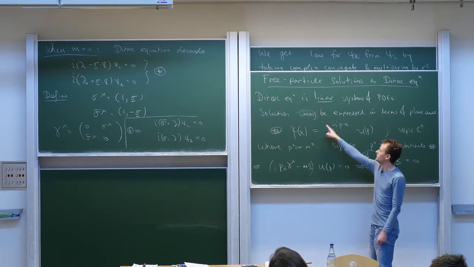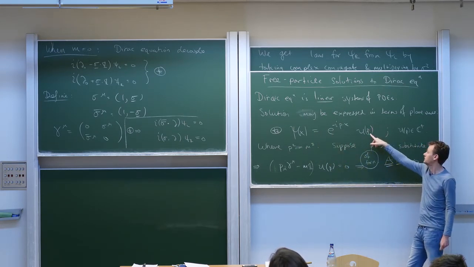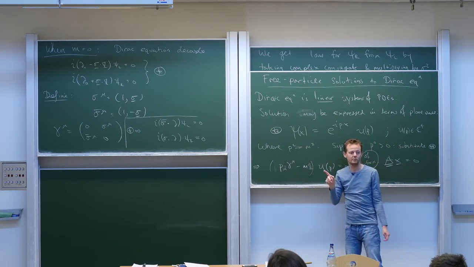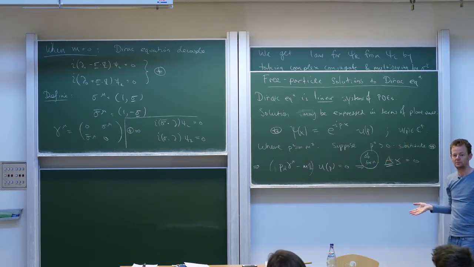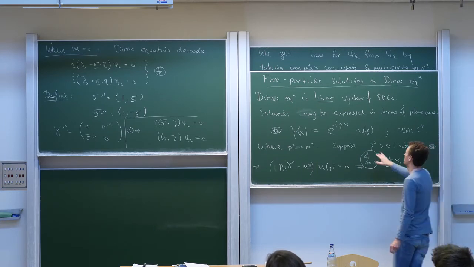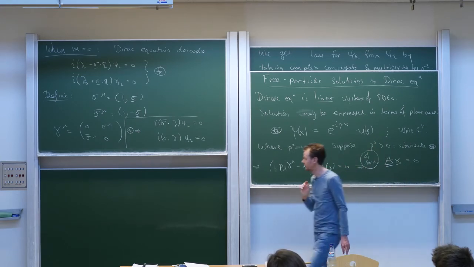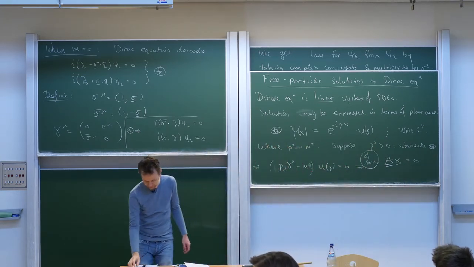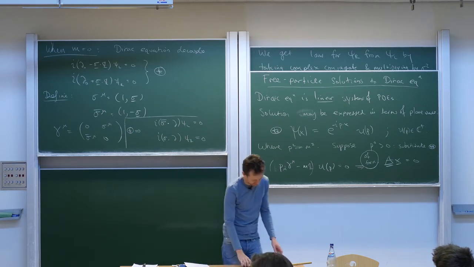But when you look at it in this form, you see that there must be further linearly independent solutions, because psi is a 4-component vector, and we cannot express an arbitrary 4-component vector as a linear combination of 2 vectors. We need 2 more. So we're going to find those additional 2 solutions a bit later. But now, let's first get these so-called positive energy solutions before we look at the other ones.